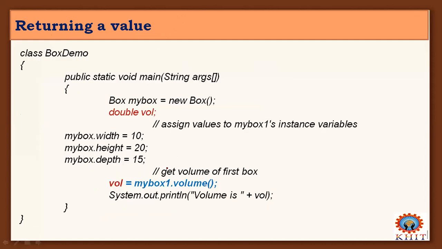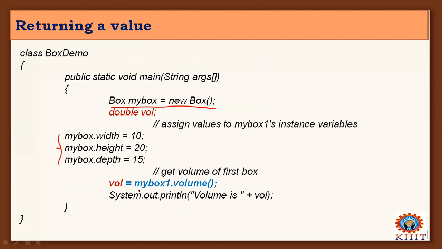Clear? Coming to the changes here, in the same way we define an object of the box class. myBox is an object now, and we assign values, initializing the instance variables of the box class using the myBox object, and all these are valid statements.